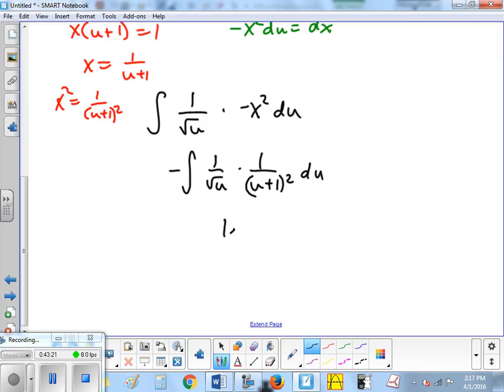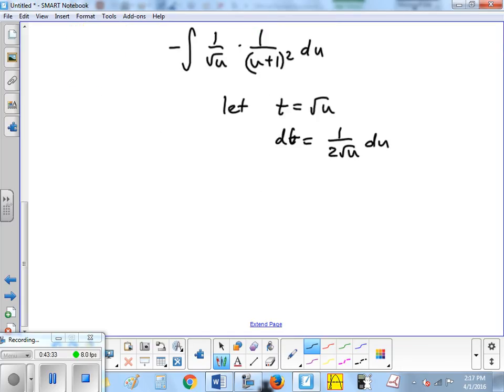Okay, now I'm going to let t equal rad u. That means that dt is going to be 1 over 2 rad u du. In other words, if I rewrite this, it's going to be 1 over t, and then, let's see here. Oh, t squared would be the same as u.